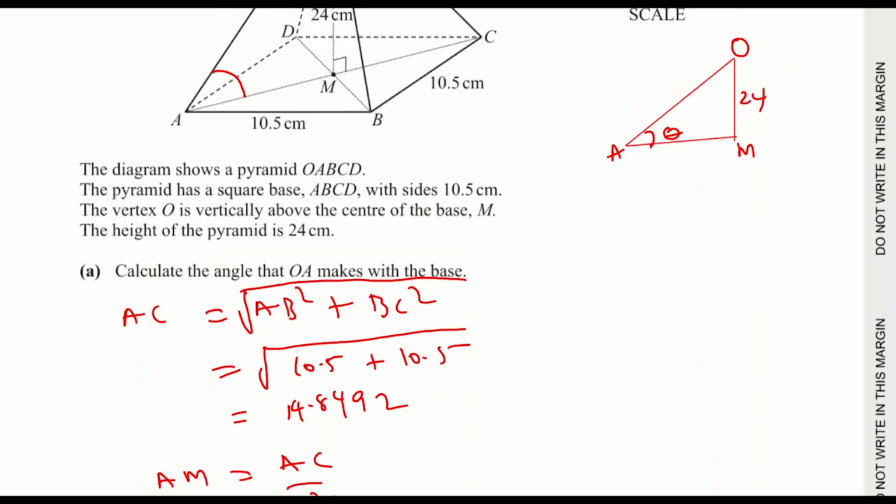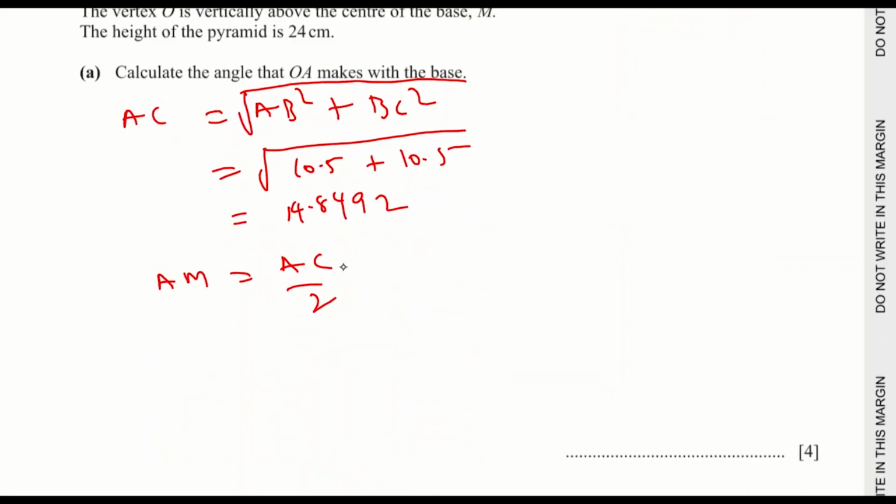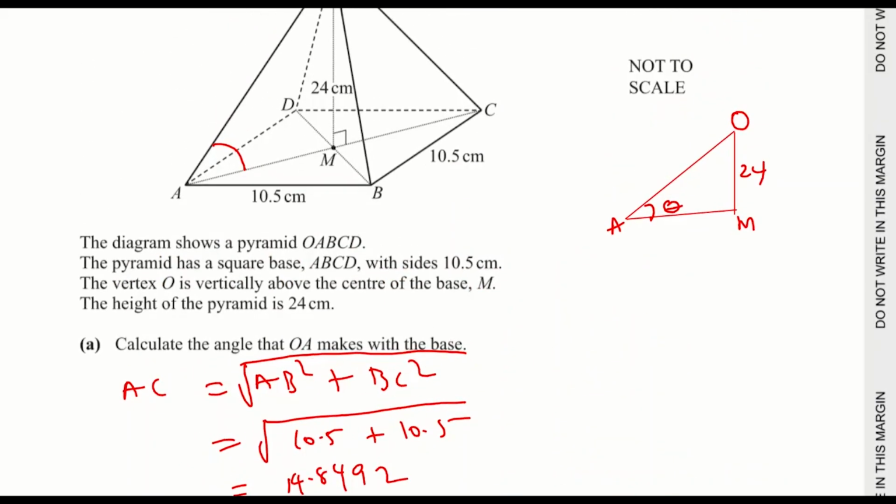From the diagram, you can see it is half of it. So 14.8492 divided by 2, the value of AM equals 7.4245.